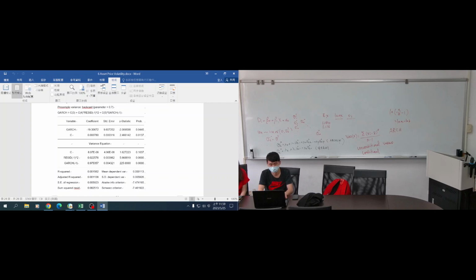Did you know how to use this in eViews? You have to do the difference first. Name it, generate, and use D1 equal to D parenthesis LNEX, which is the first difference.